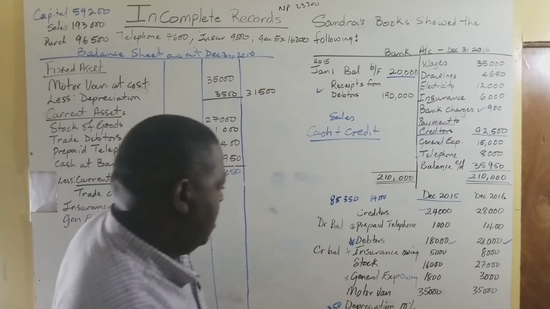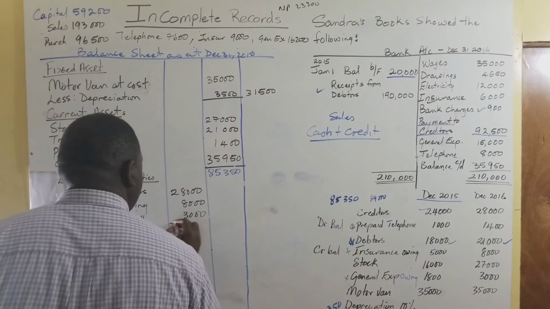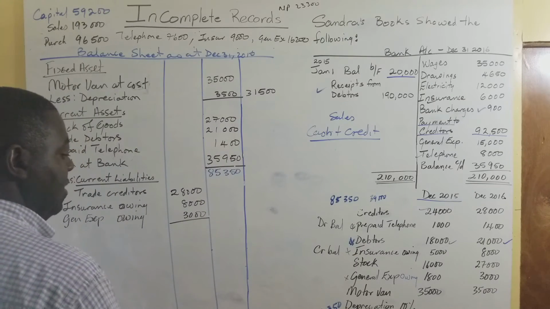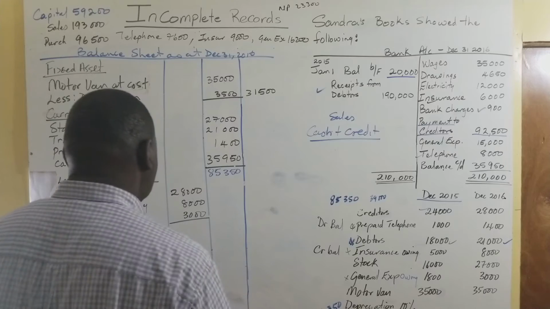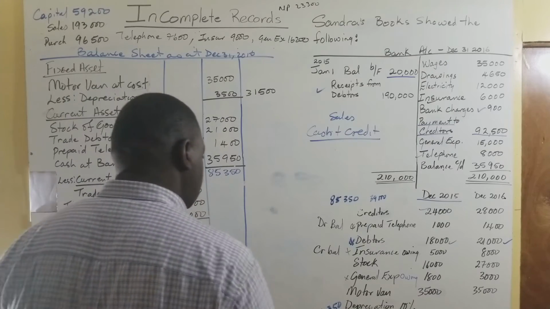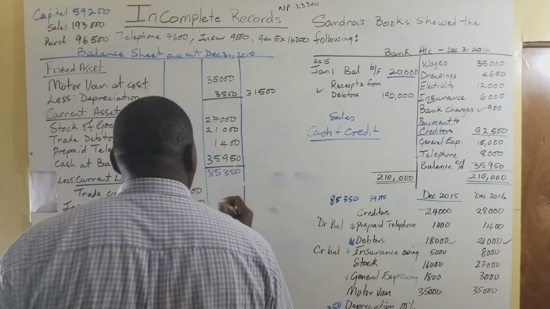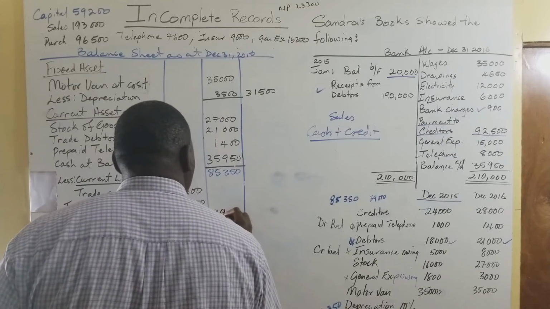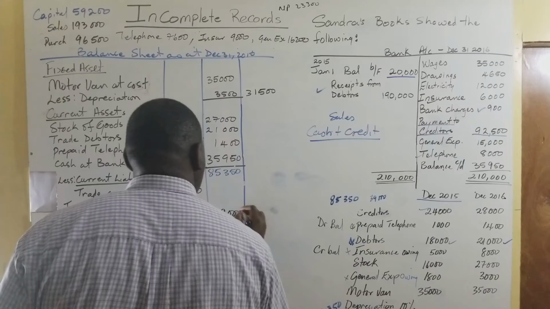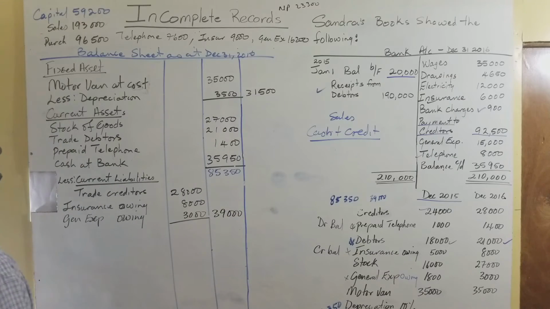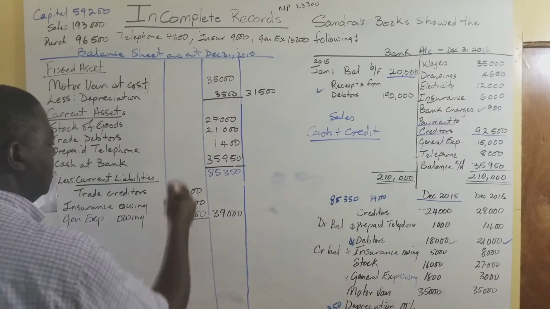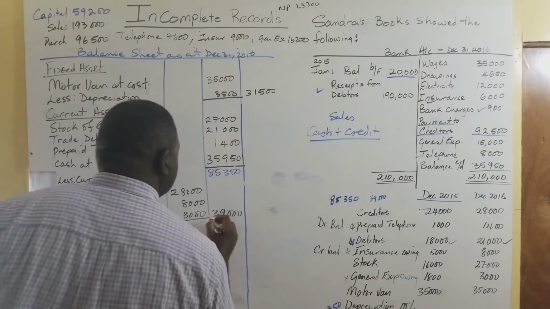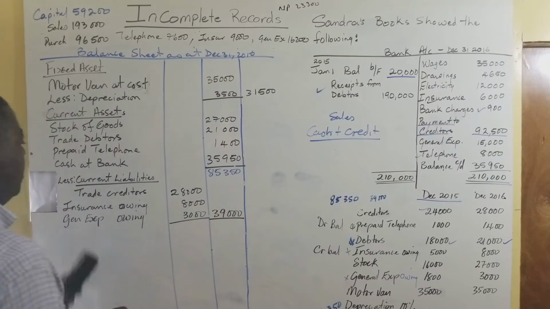All right, I think that would be it. So when we add all of that, that's 39,000. Good. So 39,000 is our total current liability.